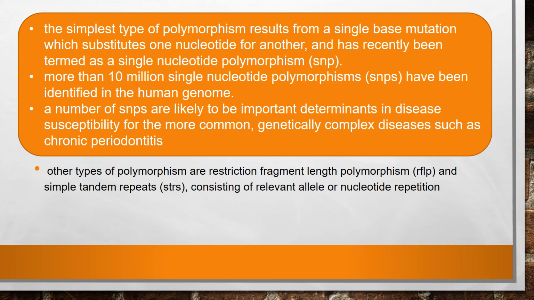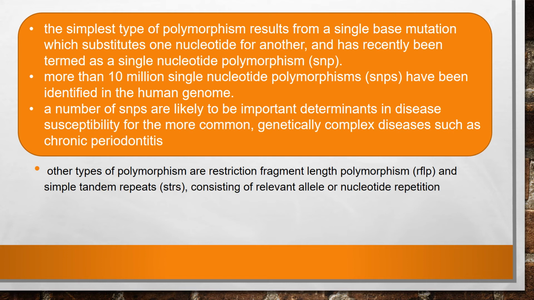Different types of polymorphisms are typically referred to by the type of mutation that created them. The simplest type of polymorphism results from a single base mutation which substitutes one nucleotide for another, and has recently been termed single nucleotide polymorphism. More than 10 million single nucleotide polymorphisms have been identified in the human genome.